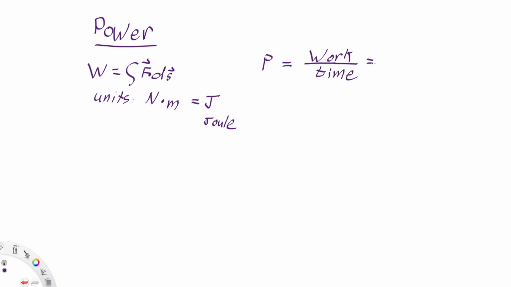And so it will have units of joules per second, and we call that a watt. All right. I'm sure you've all probably seen that before, but it's important to be explicit about it.